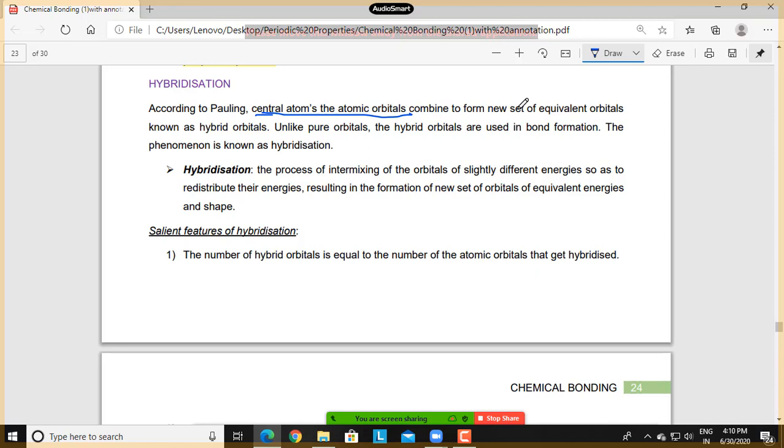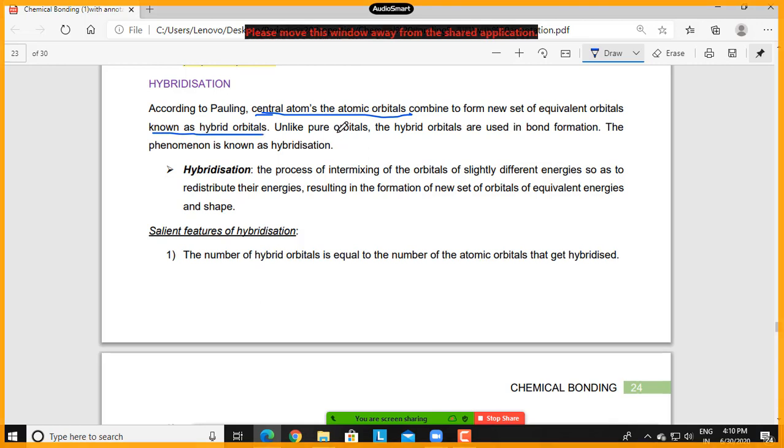After combining, they form a new set of equivalent orbitals known as hybrid orbitals. Unlike pure orbitals, hybrid orbitals are used in bond formation. Only hybrid orbitals form bonds, not pure orbitals. This phenomenon is known as hybridization.